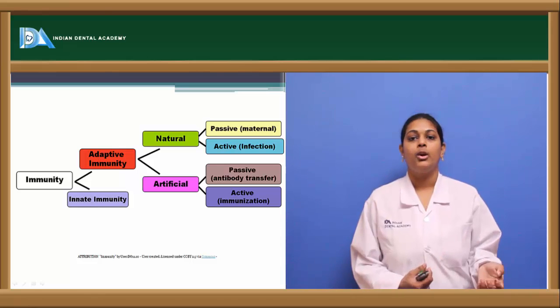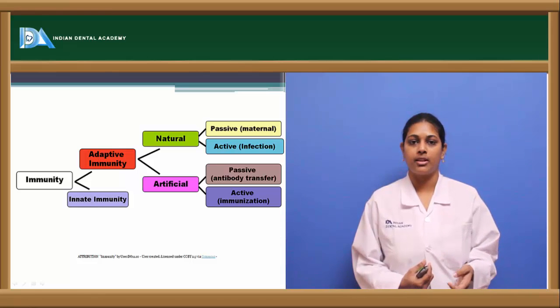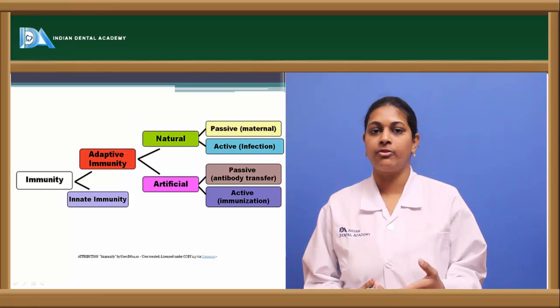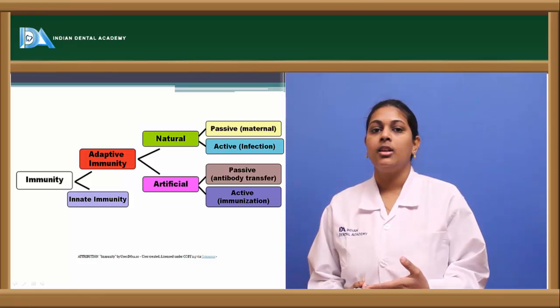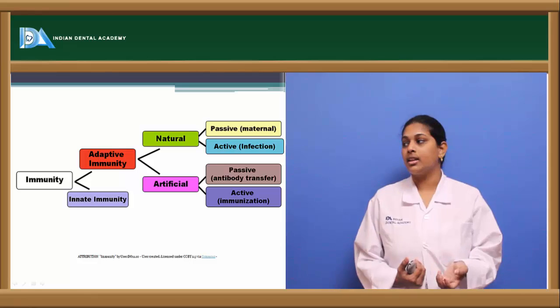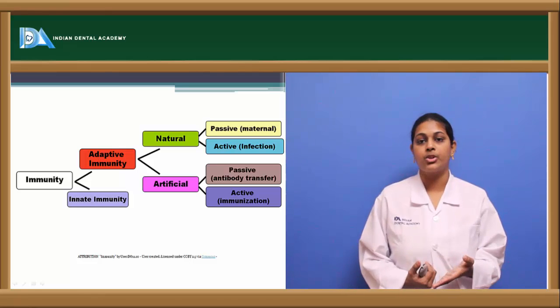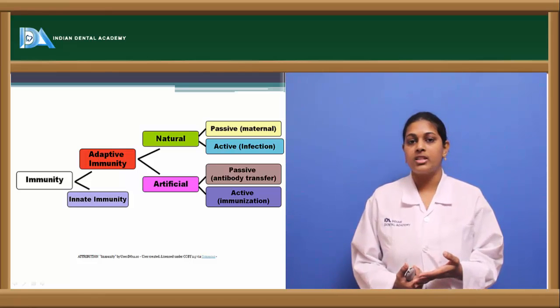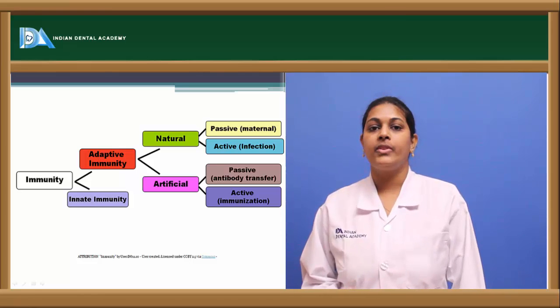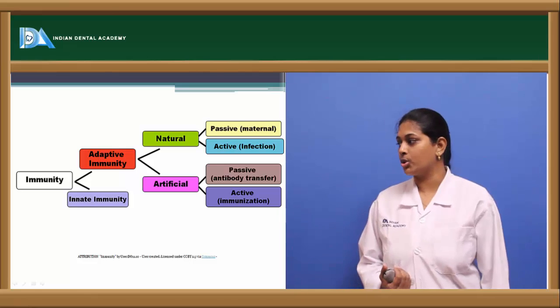Passive immunity is obtained from the mother, during the transplacental exchange of fluids or antibodies. Active natural immunity is attained when the host is exposed to infection. Then this immunity starts developing and shows its action.